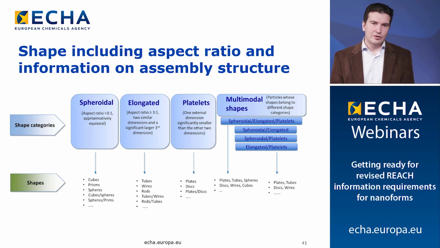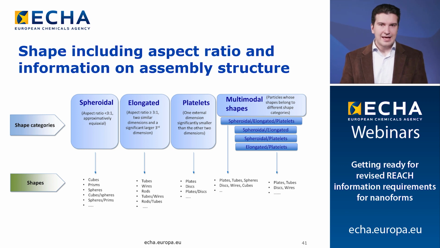The third shape category is what we call platelets, and this is covering particles that have one external dimension that is significantly smaller than the 2 other dimensions of the particle. And this covers things like plates, like disks. The final shape category that we have is something we call multimodal shapes. So this is particles whose shapes belong to different shape categories, rather than having only one category of shapes.